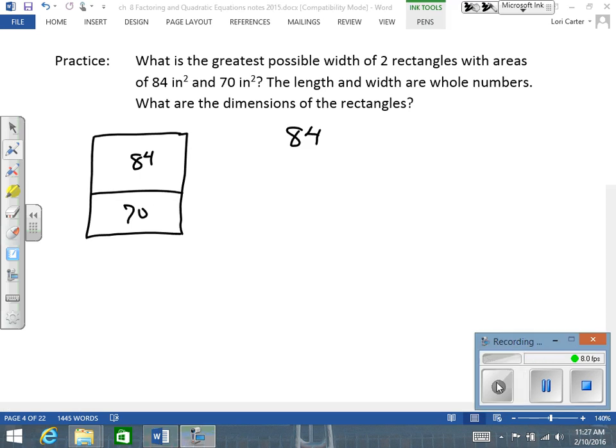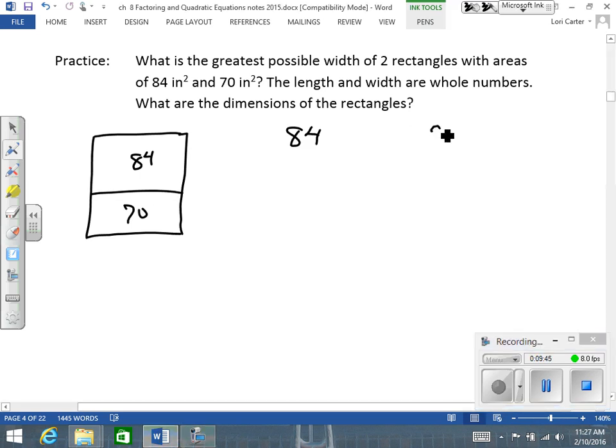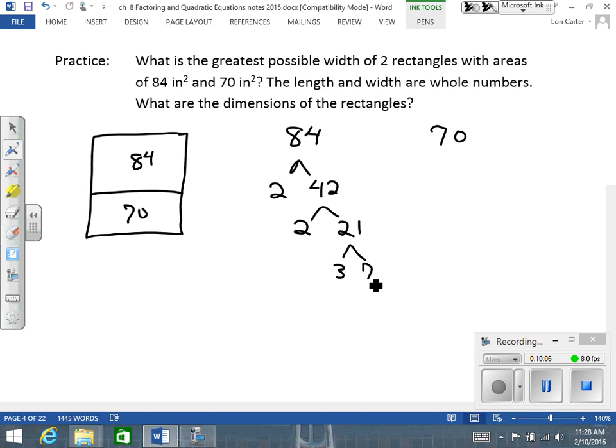So we got 84 and 70. What did 84 factor into? 2 and 42, so really it would be 2 and 7. Why would you go 3 and 21? 2 and 42, 7 and 12, that's too much. You had the same answer no matter how you did it.